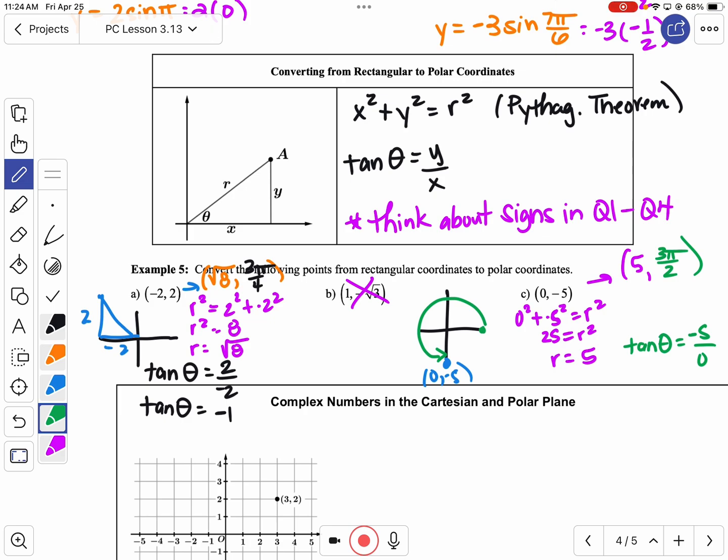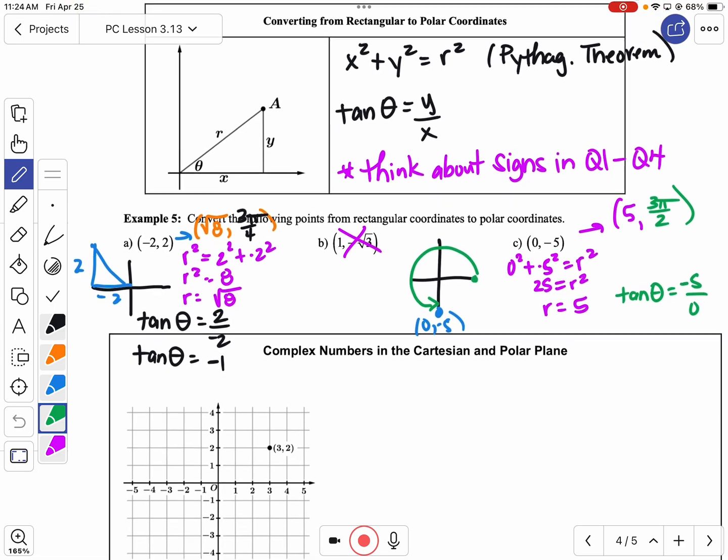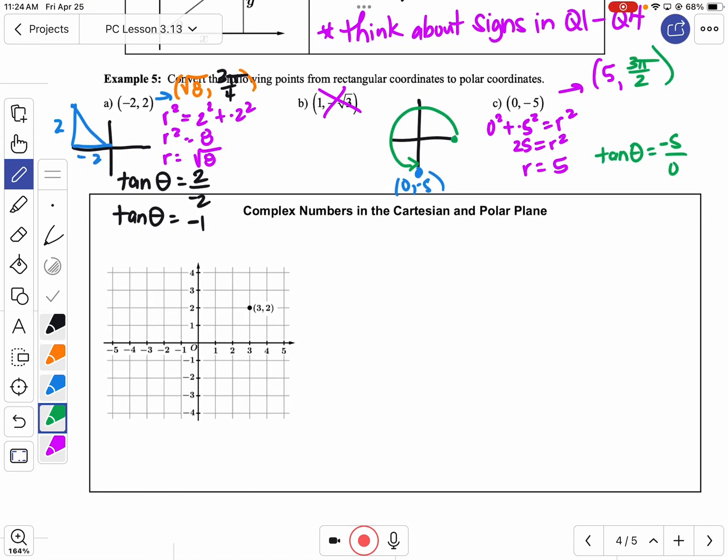Last thing, and this is going to sound so dumb, but we can graph complex numbers in the Cartesian and the polar plane. So the only thing that changes is you have x and you have i. If you have the complex number 3 plus 2i, it is still your ordered pair 3, 2.